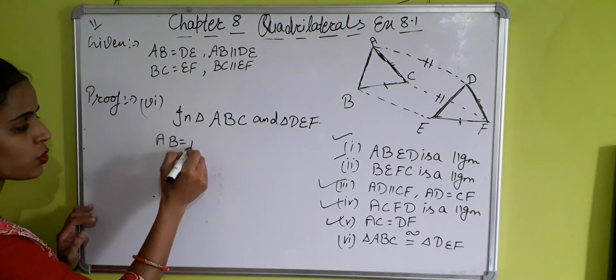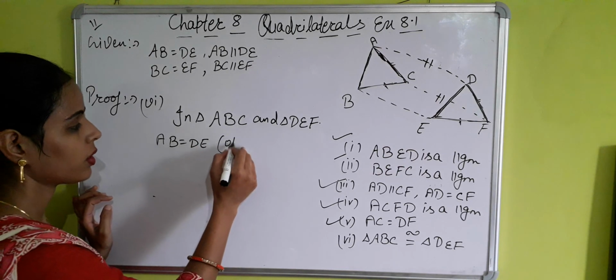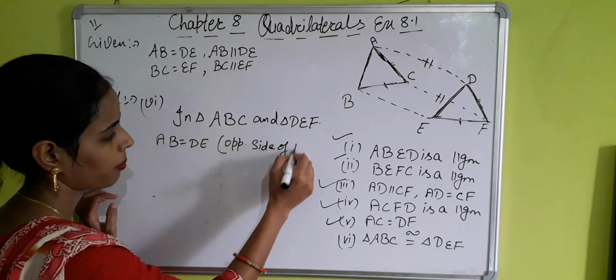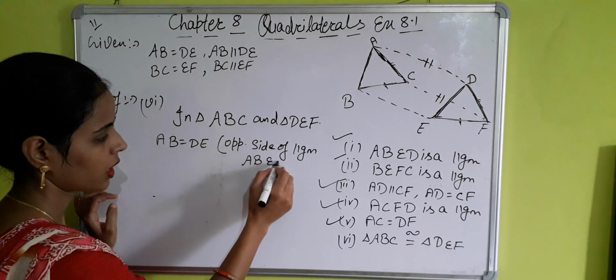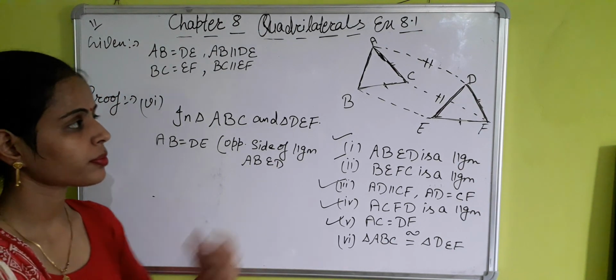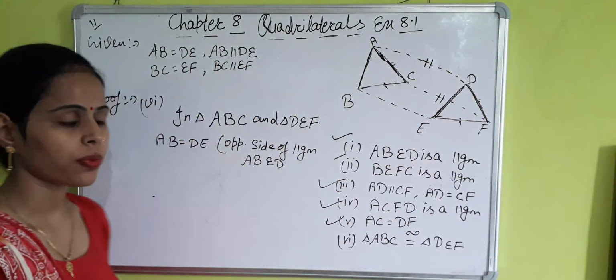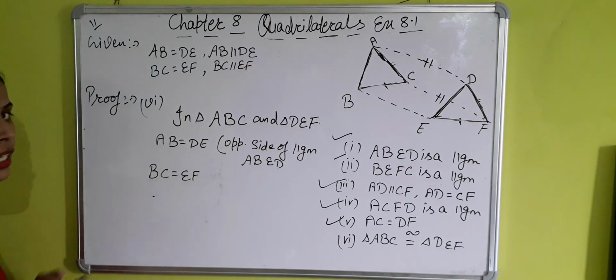AB equals DE, opposite sides of parallelogram ABED. Second one is BC equals EF.